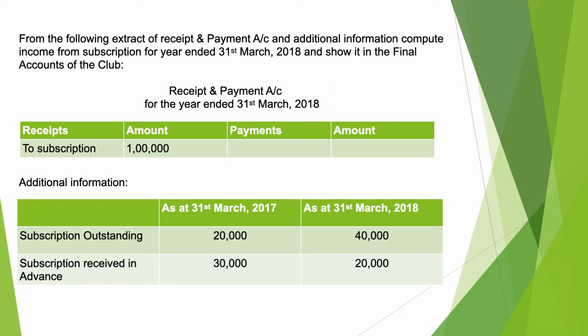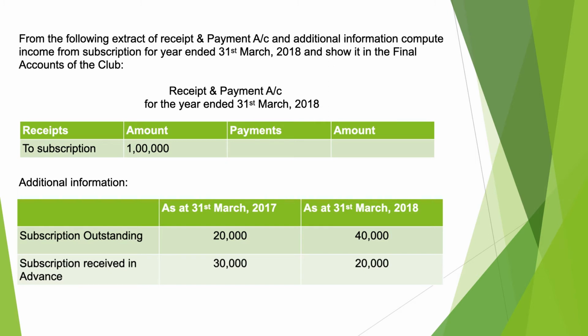Talking about the income and expenditure account, income and expenditure of the current year are recorded whether received or not received, whether paid or not paid. So income and expenditures of previous year and future year are not recorded. And if they are received during the year and included during the year, that item has to be adjusted. So total subscription received during the year as given in the receipt and payment account is 1 lakh.